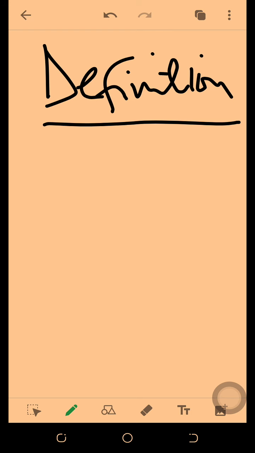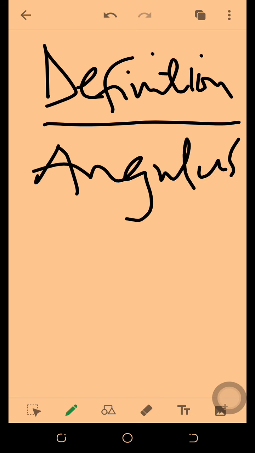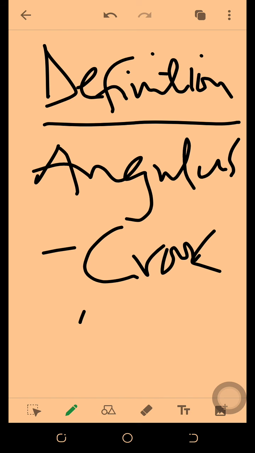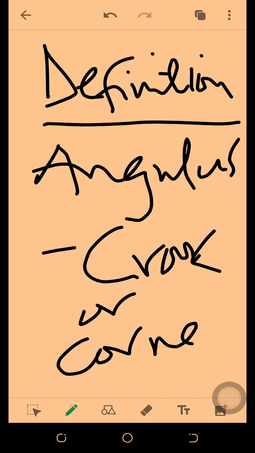The Latin word for angle is angulus, A-N-G-U-L-U-S. It's a Latin word which means crook or corner. So when we talk about an angle, we mean crook or corner. That's a direct translation from Latin.